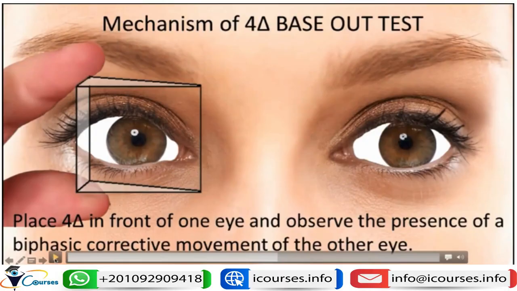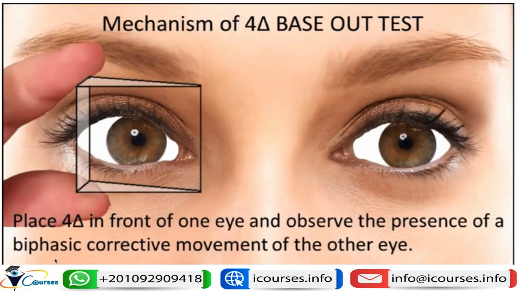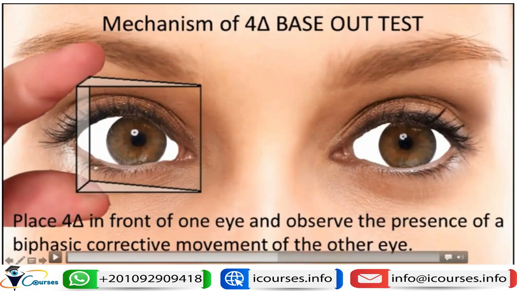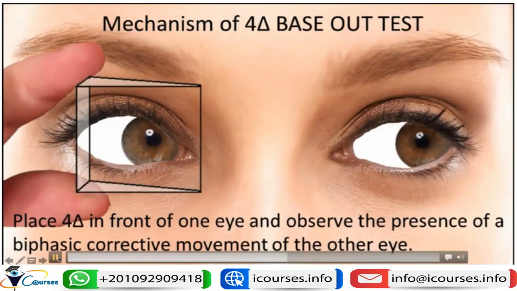So if we put a prism base out in front of one eye, the whole scene in front of the patient's eye will shift toward the apex, or shift nasally toward the left side like this. So there will be movement of the right eye toward the left, and by Hering's law of equal innervation, which we will discuss in physiology, this will lead to movement of the other eye also to the left side. So this is what will happen.